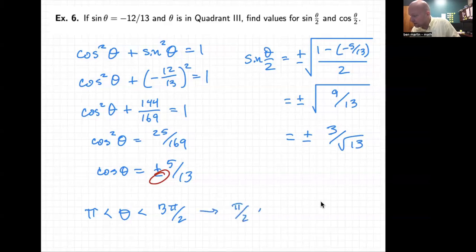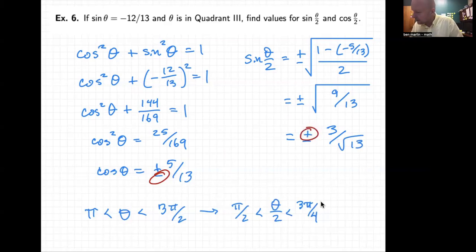And we get that pi over 2 is less than theta over 2 is less than 3 pi over 4. So theta over 2 is between 1/2 and 3/4 pi. That means it's in the second quadrant.